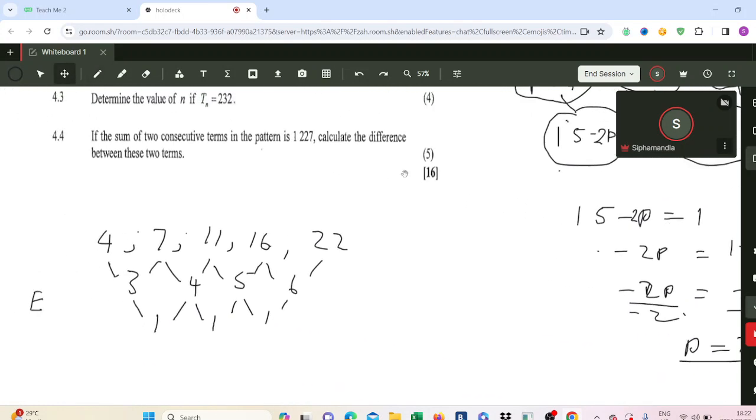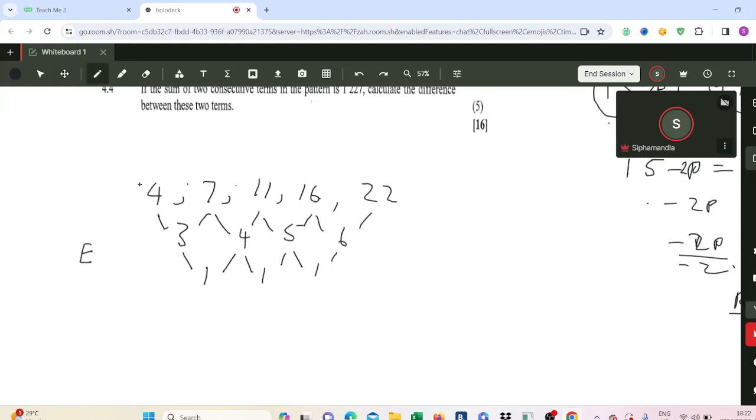So now, you know that to find the general equation, because if they say find the Tn, basically they are looking for the general equation for this number pattern. What we have to understand is that the general equation is the one you can use to calculate any term in the sequence by knowing the position.